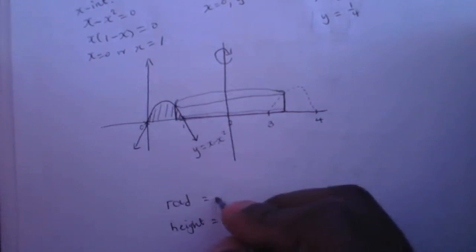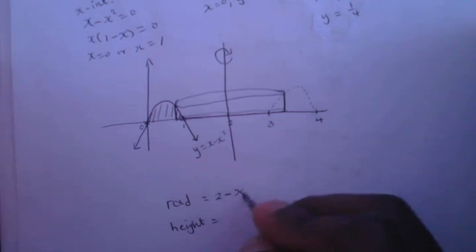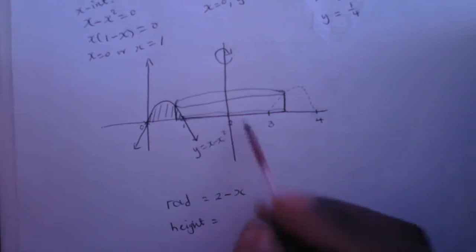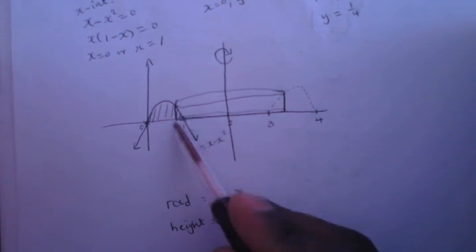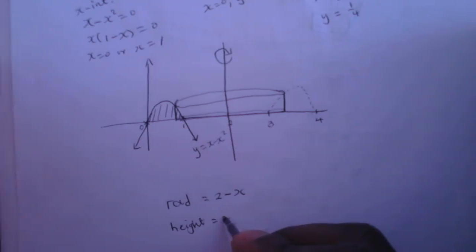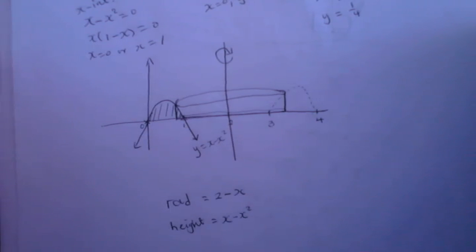So we'll just say 2 minus some x value. Then the height is top graph minus bottom graph. The top graph is just the parabola, and the bottom graph is 0, so it's x minus x squared minus 0. There we go, you have your radius and your height.